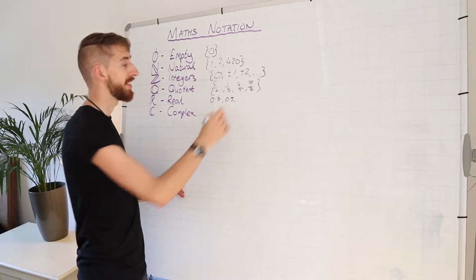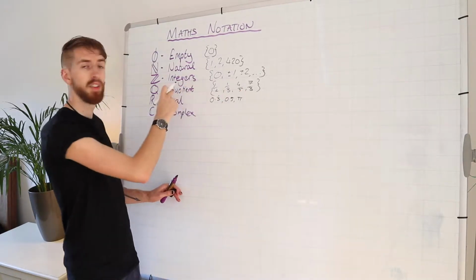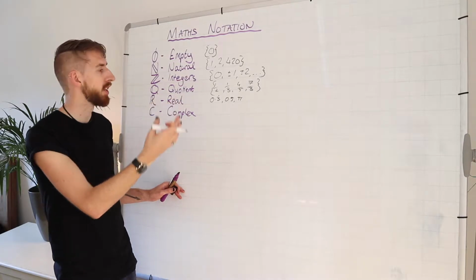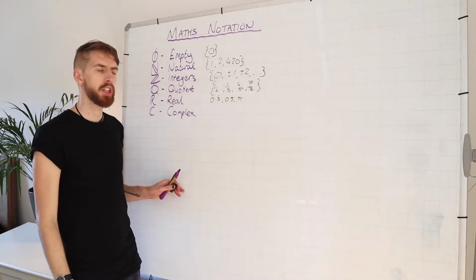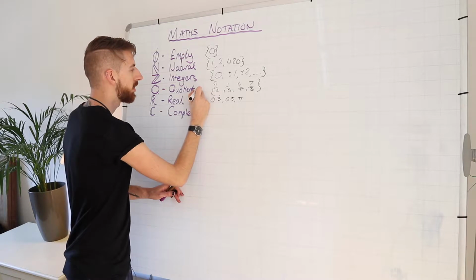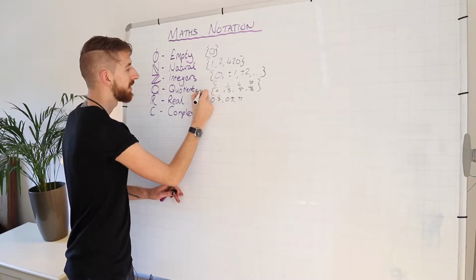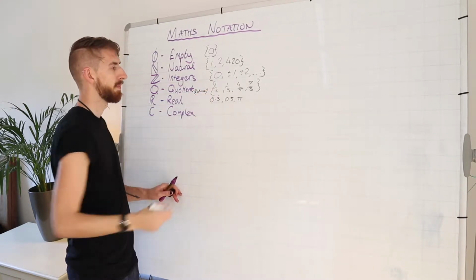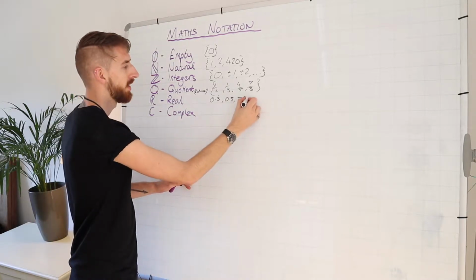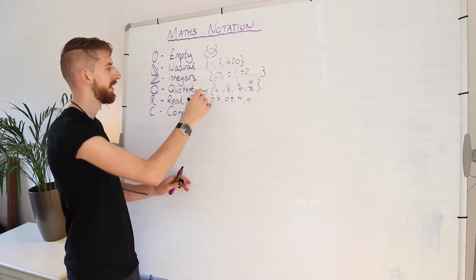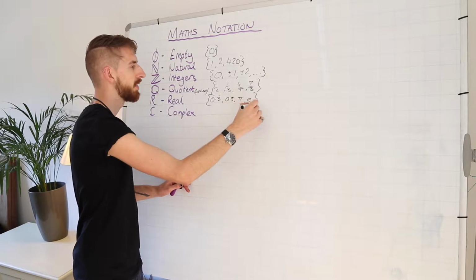Pi is in here because that is not represented as a fraction. Pi is actually what's called an irrational number. So pi is irrational. E is irrational. And that's all of those numbers.